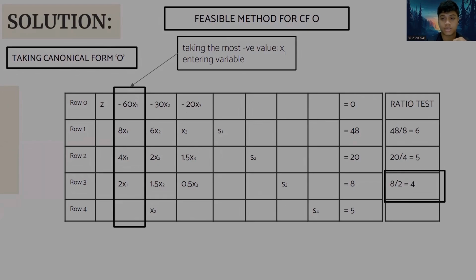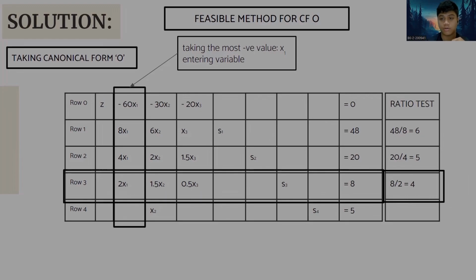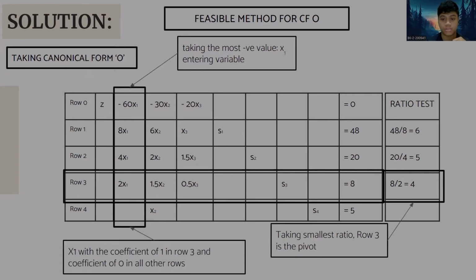From the ratio test, we take row 3 because it has the smallest value. For x1 in row 3, we need a coefficient of 1, and a coefficient of 0 in all other rows.